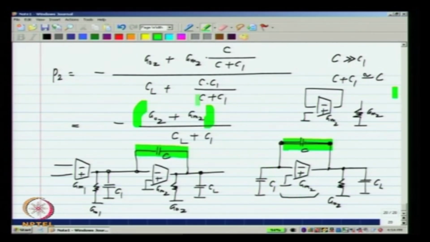Clearly, you see that if C is very large, you will simply end up with C1 here. And we have these two capacitors C1 and CL in parallel. So, we have GO2 and GM2 in parallel with CL and C1, and the second pole expression becomes even simpler than before. It is simply GM2 plus GO2 divided by C1 plus CL.